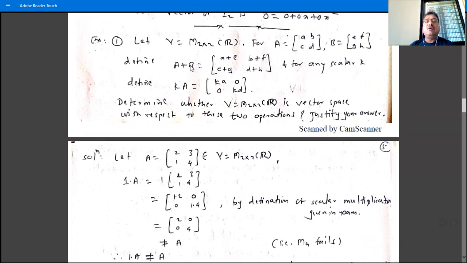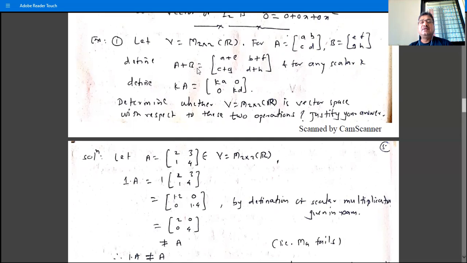Under these two operations, this set is not a vector space. The addition is defined as usual addition, and so out of the 10 properties, the property C1 and the properties A1, A2, A3, A4, these 5 properties, depend on the definition of addition.